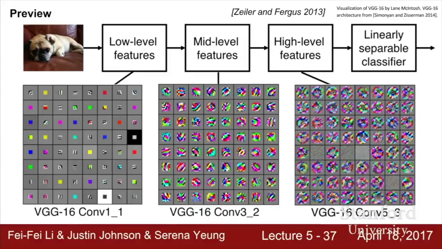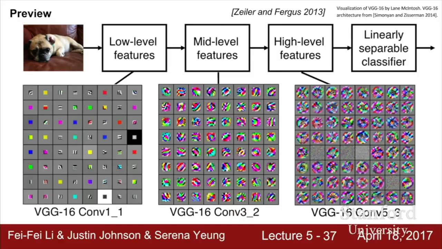Each of these layers, as I said earlier, has multiple filters, and each of the filters is producing an activation map. When you look at multiple of these layers stacked together in a ConvNet, what ends up happening is you learn this hierarchy of filters, where the filters at the earlier layers usually represent low-level features that you're looking for, things like edges. Then at the mid-level, you're going to get more complex kinds of features, so maybe it's looking more for things like corners and blobs and so on.